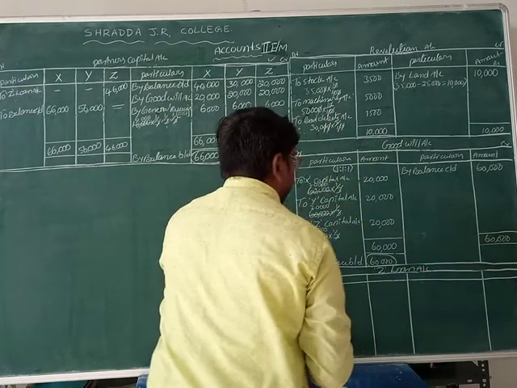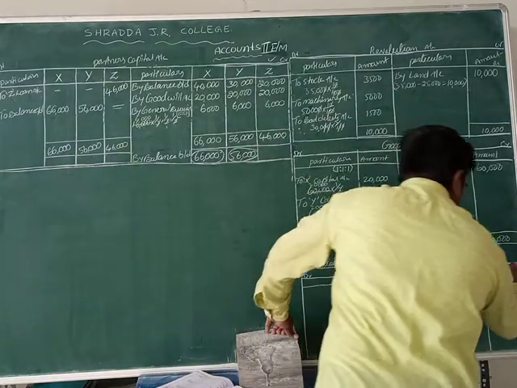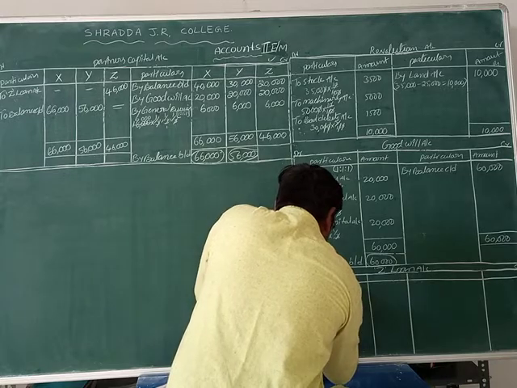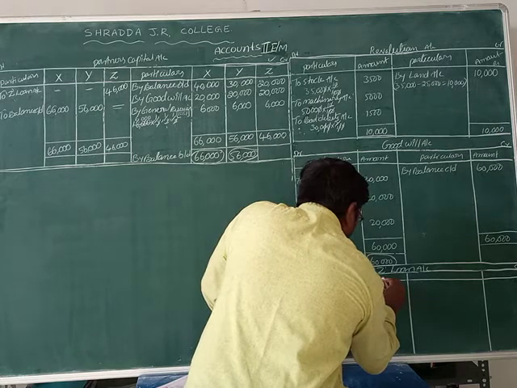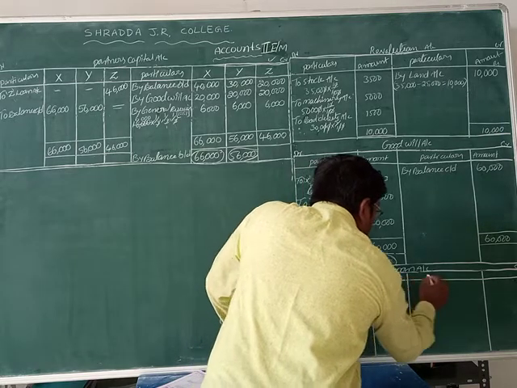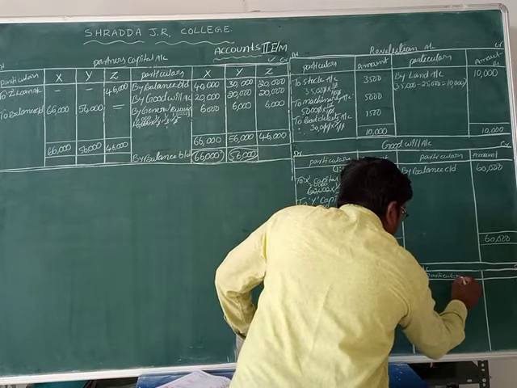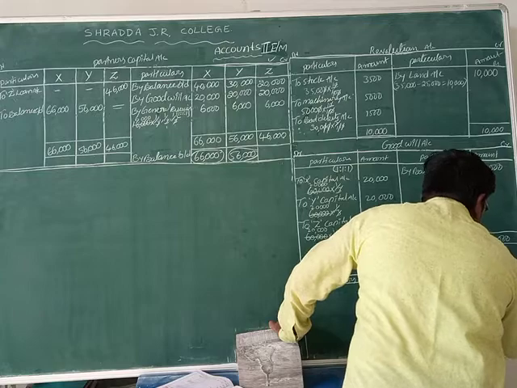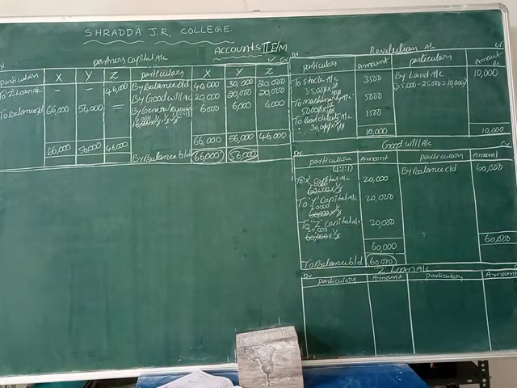Z loan account. We are taking the Z loan account now. Debit and credit, here in particulars, amount, particulars, amount, isn't it? This is the Z loan account format.